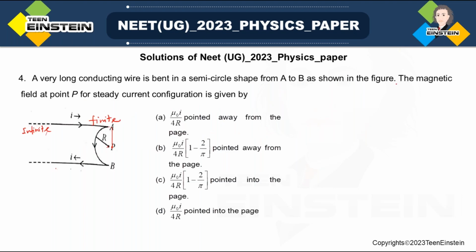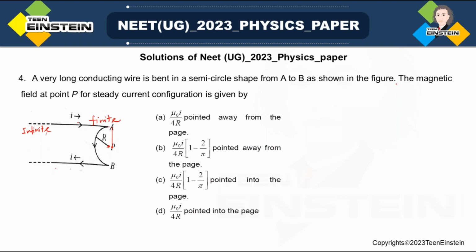Now look, you have got a certain direction of magnetic field. I have written the magnitude due to these two wires itself. Now let us see whether the magnetic fields at this point due to both wires are in the same direction or in the opposite direction. If they are in the opposite direction, they may cancel each other.